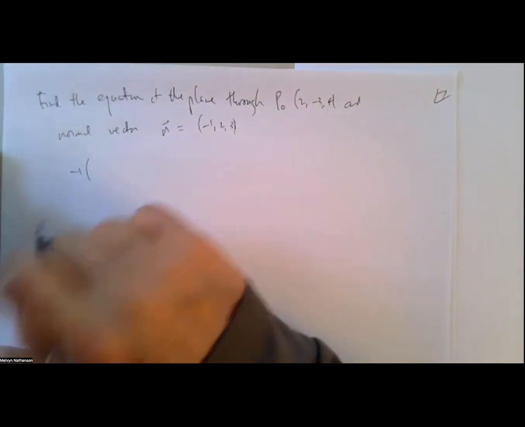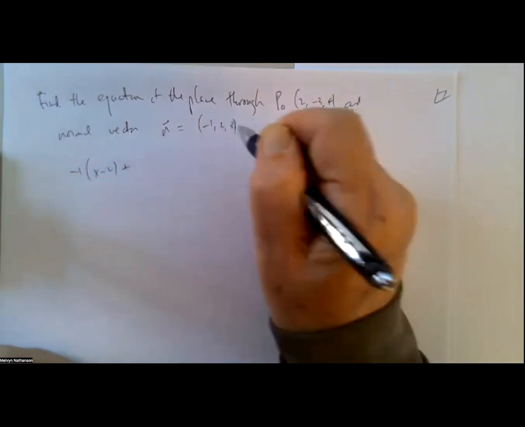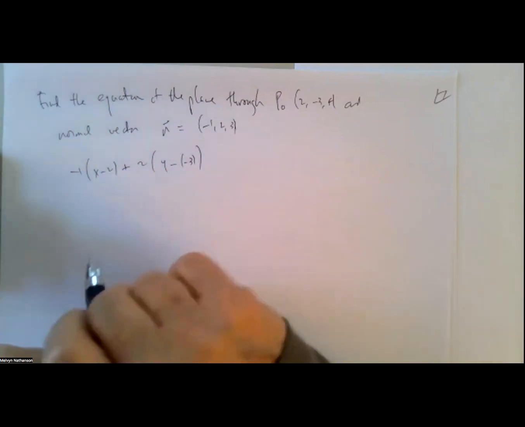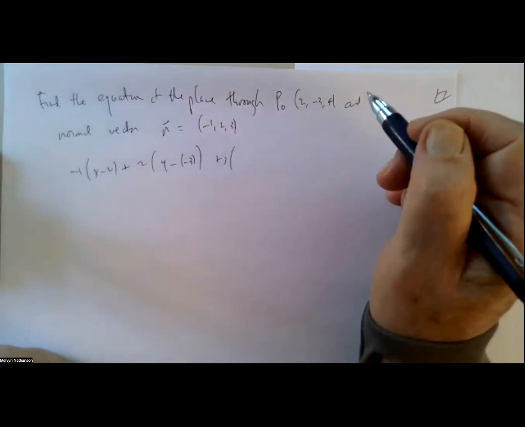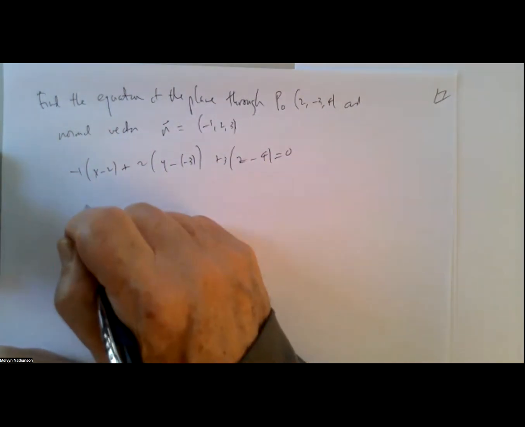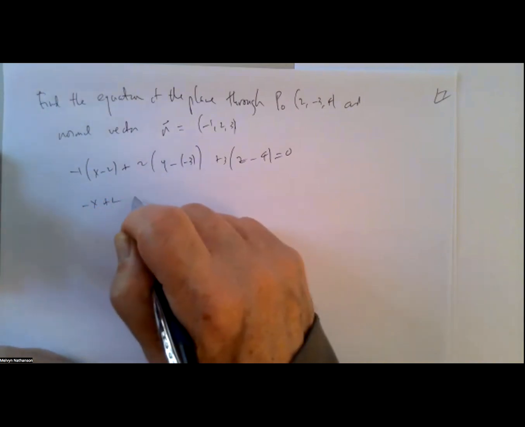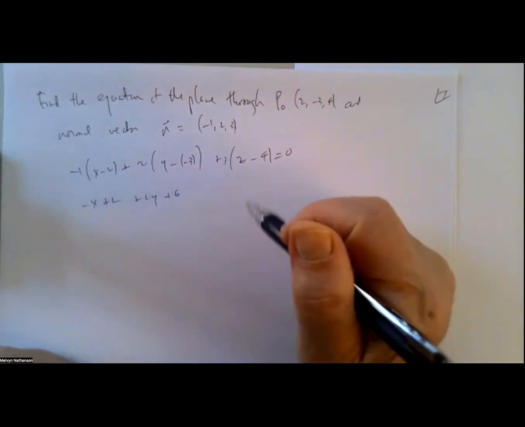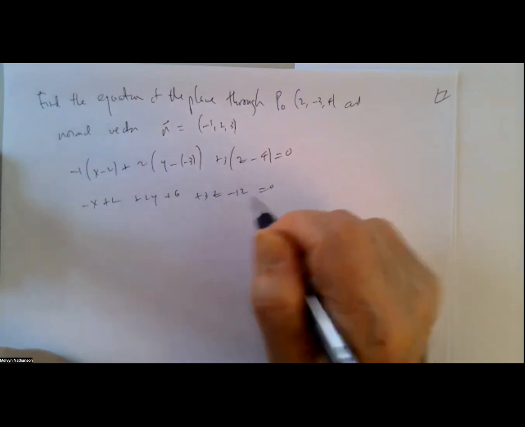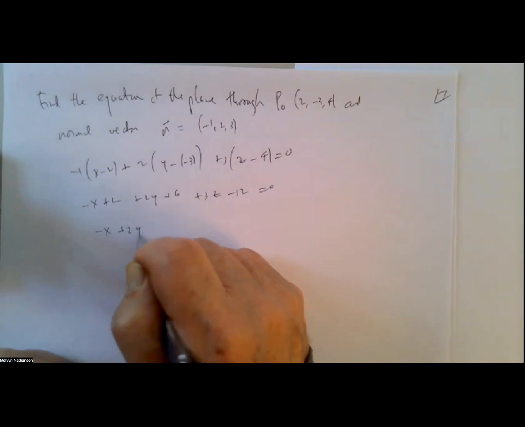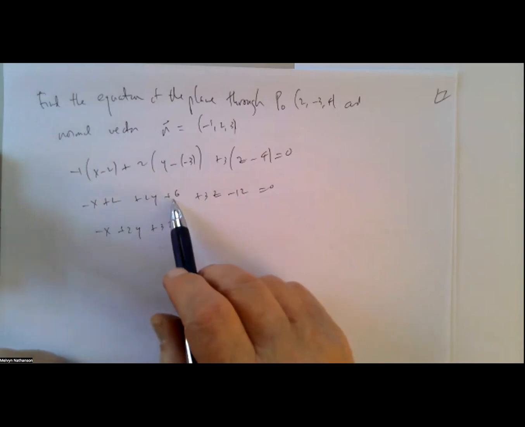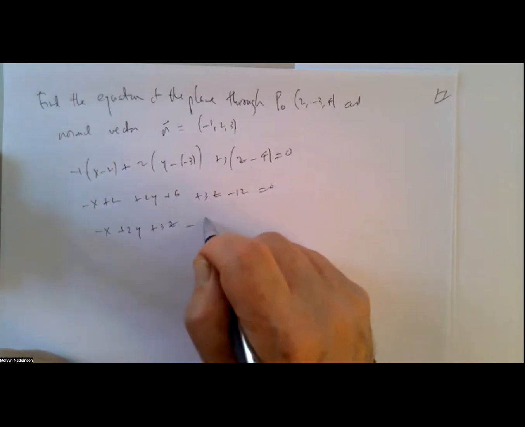minus 1 times x minus 2 plus 2 times y minus minus 3 plus 3 times z minus 4 equals 0. That's the same as minus x plus 2 plus 2y plus 6 plus 3z minus 12 equals 0. Or minus x plus 2y plus 3z. 2 plus 6 is 8, minus 12 is minus 4.